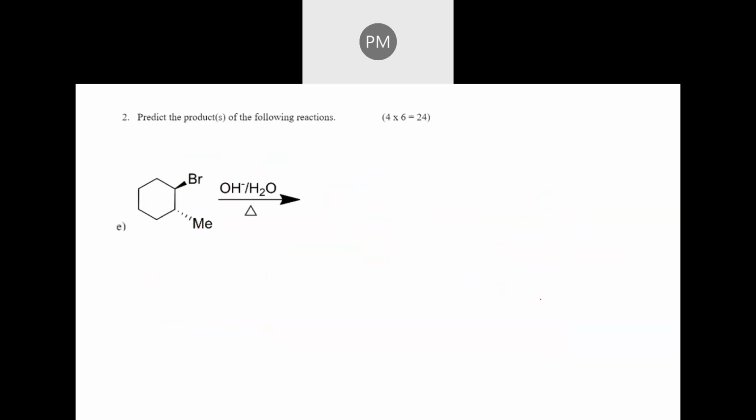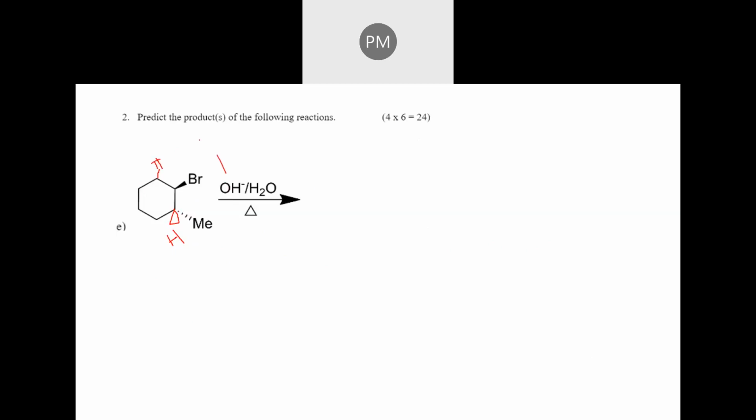Now the next problem. The case is similar to earlier, but here one hydrogen is above the plane. So from this side the E2 reaction is not favored, and here there are two hydrogens, one above the plane and one below the plane. From this side the reaction will be favored.